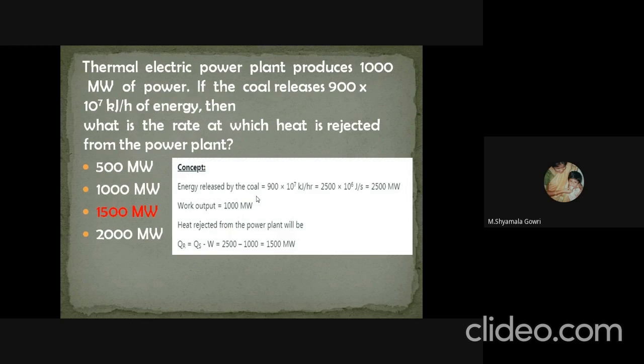Here the concept is given, the energy released by coal is equal to 900 into 10 power 7 kilojoules per hour. If you convert this into joules per second, you get 2500 megawatts. The work output is given, it is 1000. When we subtract these two, we get the heat rejected. 2500 minus 1000 is equal to 1500 megawatts.